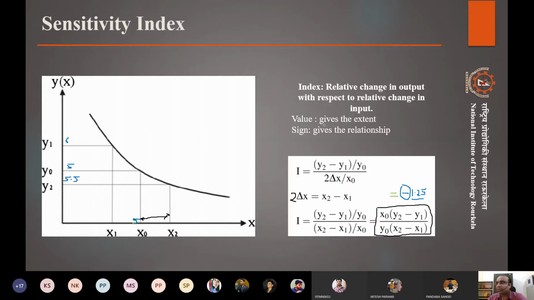The value gives us the quantitative measure of how sensitive a parameter is. The higher the value of the sensitivity index, the more the output will be affected by that parameter.